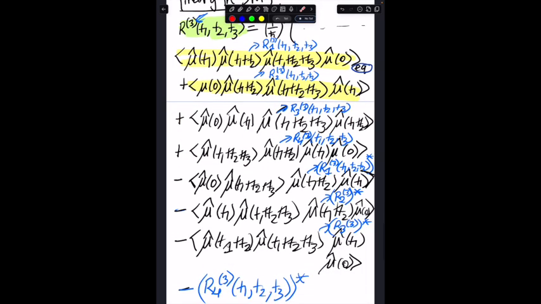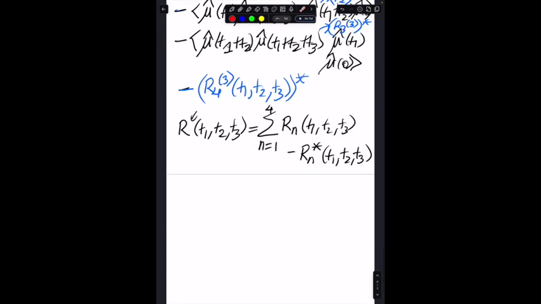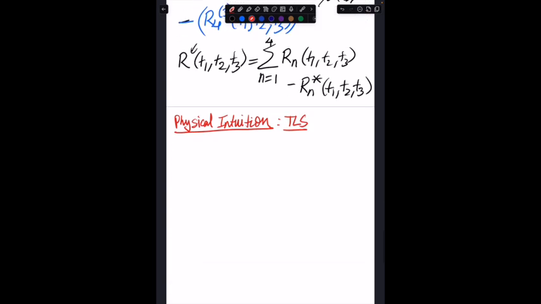For now, we will not consider R1 star, R2 star, R3 star, and R4 star, on grounds that the physical intuition which I'm going to provide is for a simple two-level system, or TLS. So I'm only going to have a ground state and an excited electronic state.